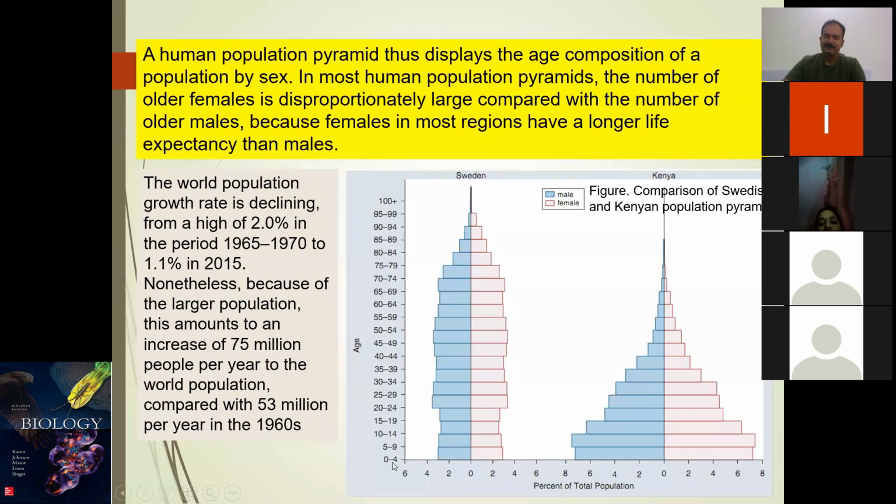So you can observe the male and female ratio at different age groups.